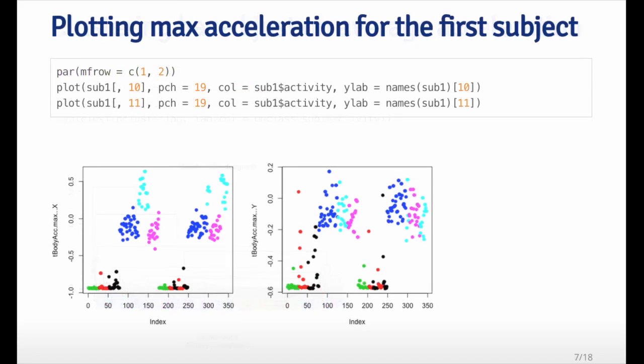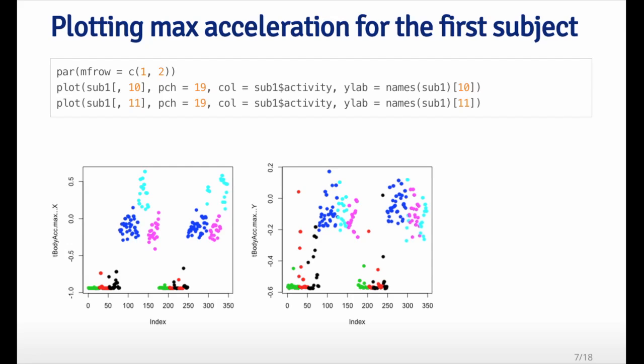So another thing we can look at is the maximum acceleration for the first subject here. And so I'm plotting here columns 10 and 11. You can see that column 10 is the maximum body acceleration in the x direction, and column 11 is the maximum body acceleration in the y direction.